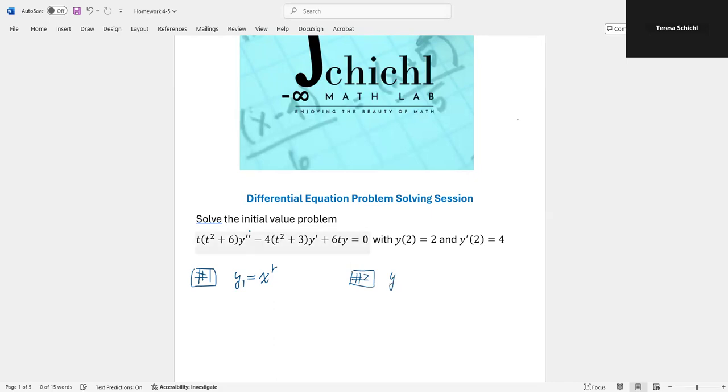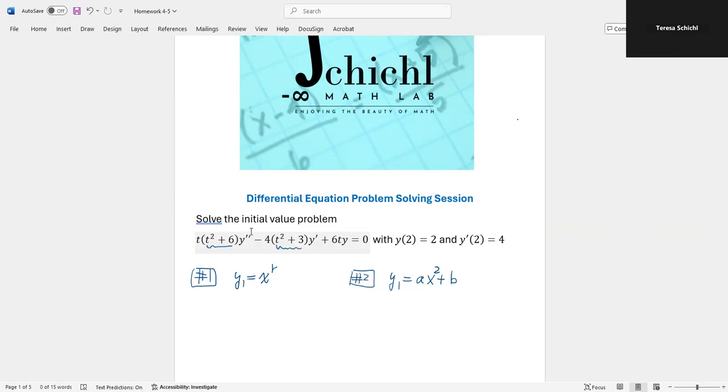In the second video, the general form is y1 equal to a t squared plus b. The reason I choose it is because I see this term and this term here. So the first video I will do with y1 equal to t to the r as my first guess, and the second video with y1 equal to a t squared plus b.